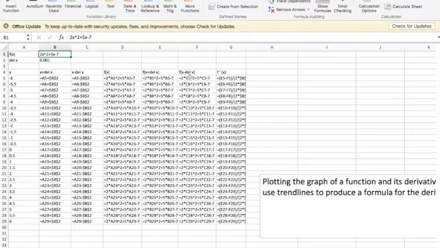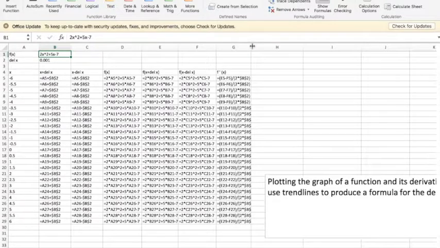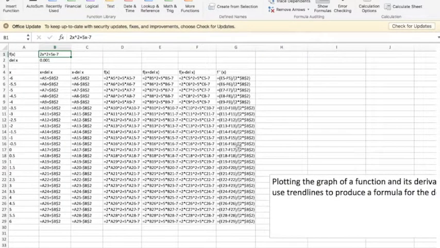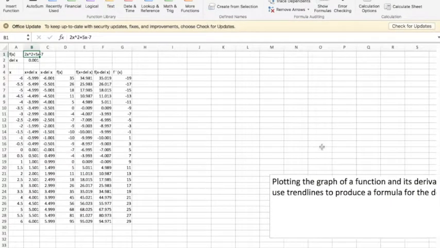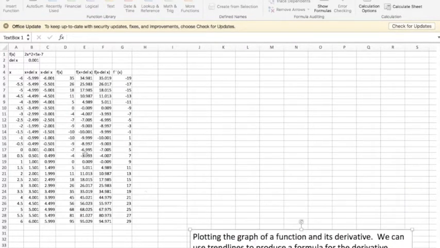I've done quick fill for f of x plus delta x and f of x minus delta x, and then the numerical derivative is the difference of these two divided by twice delta x. That gives me the difference quotient. Having this, I'll be able to plot x, f of x, and f prime of x. This is essentially what we did in the previous example.